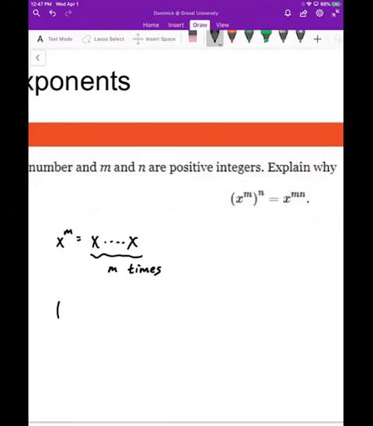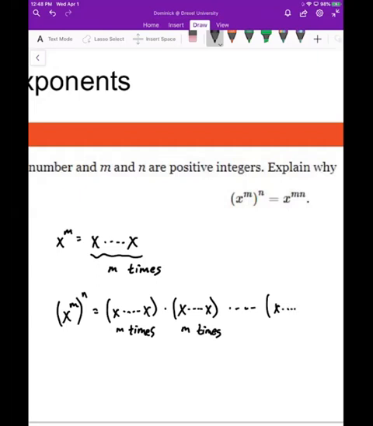Now, if I take that x to the m and I raise that to the n power, that means I need to take this m times version of x, and I need to multiply that by another m x's. And I need to do that until I have n of these groups.